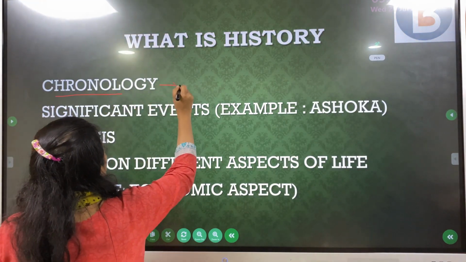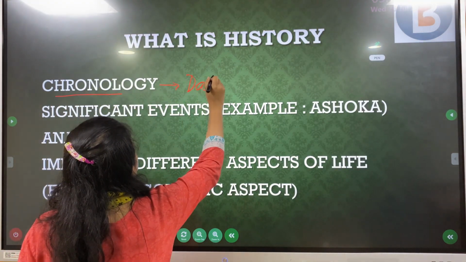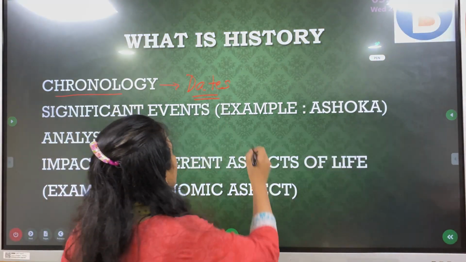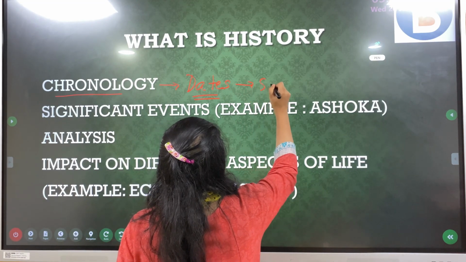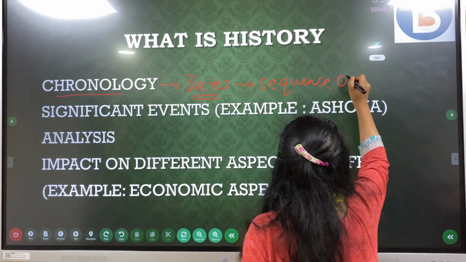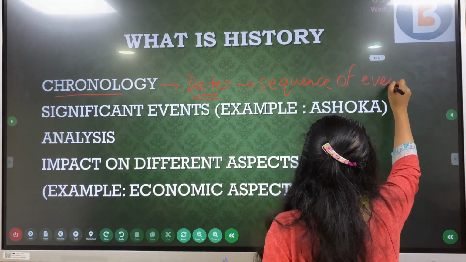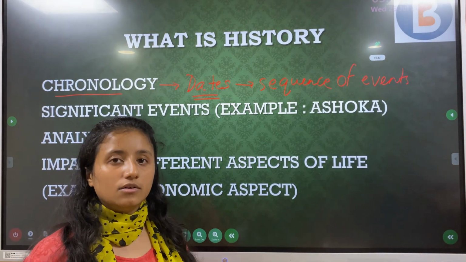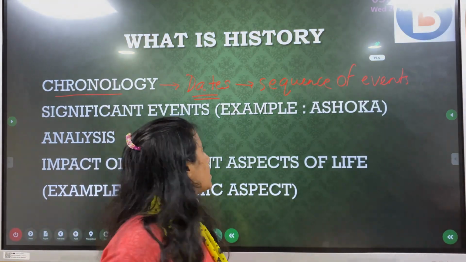Chronology means it will involve dates. So we will study the sequence of events. Sequence means which event came first and what was the next event.